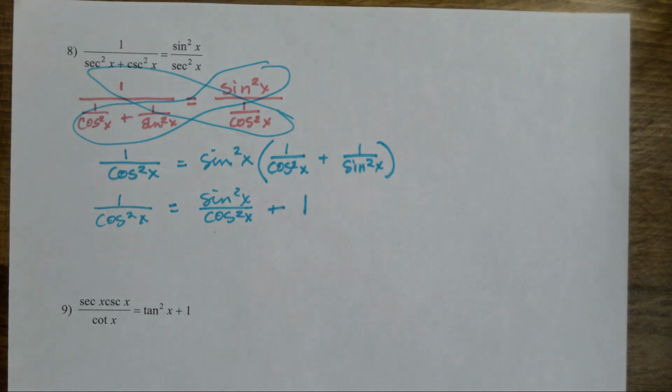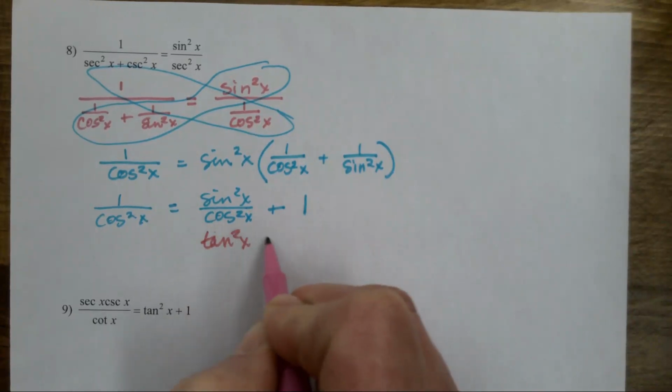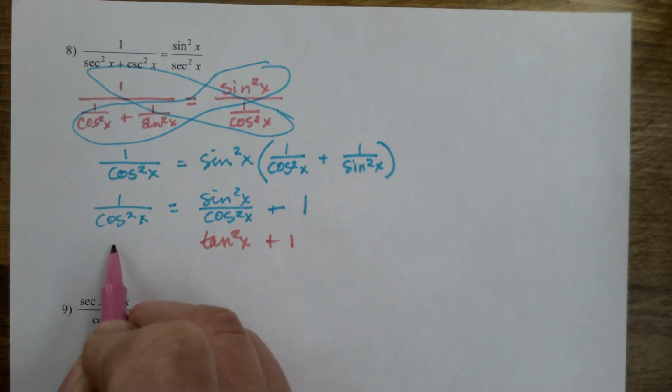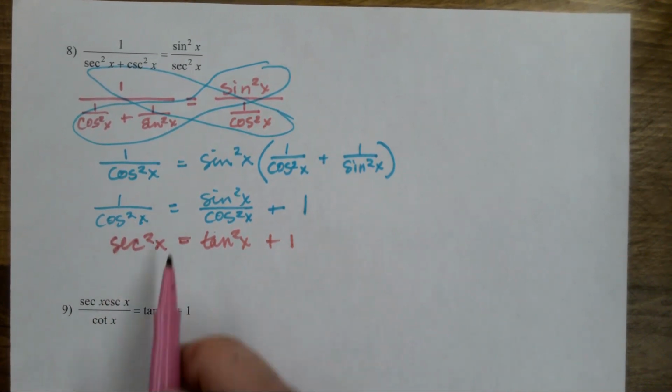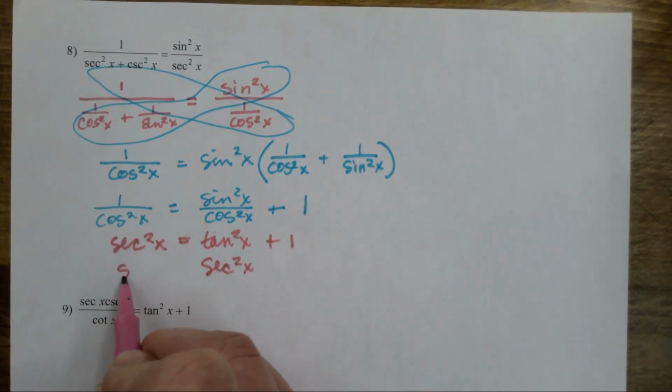And again, this is where Courtney was going with this. This is tangent squared, and this is secant squared. And tangent squared plus 1 actually equals secant squared. Okay?